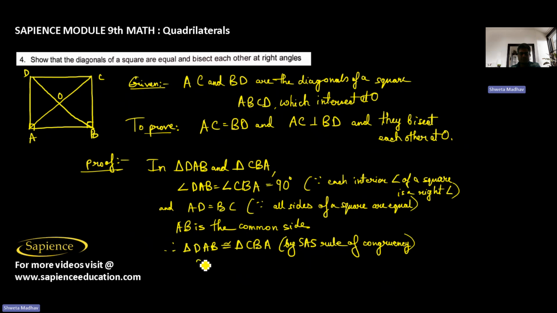So we can say that AC equals BD by CPCT. So hence the diagonals are equal.